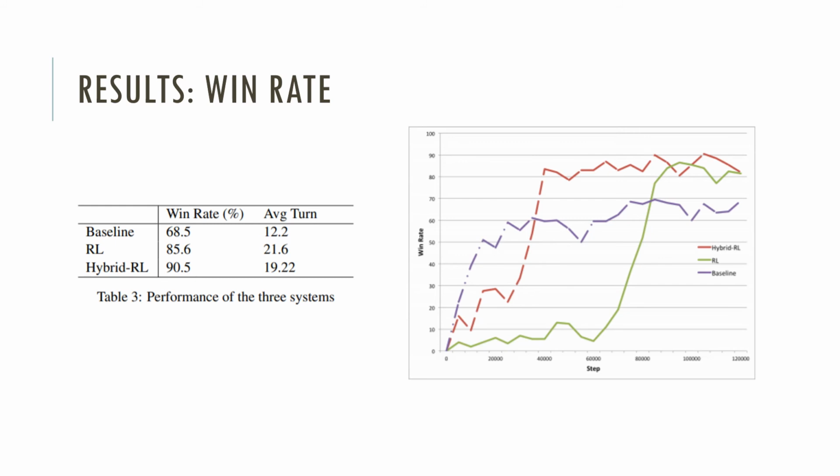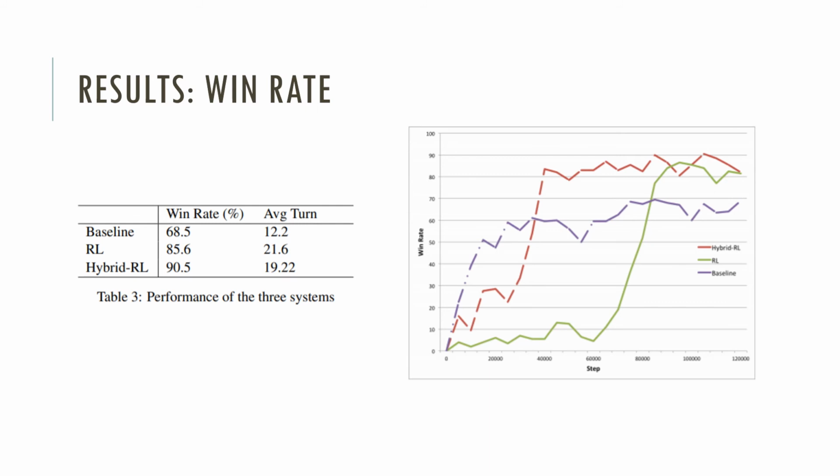So as we can see, the baseline actually rushes to guess far more quickly than the RL or the hybrid RL approach. We can infer that this has something to do with the fact that the baseline doesn't learn with the idea of maximizing the rewards.